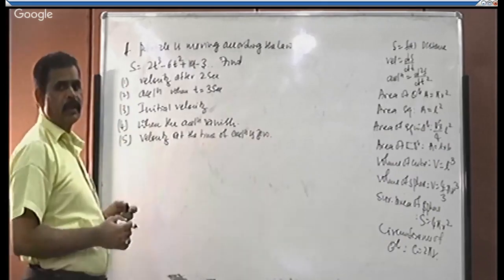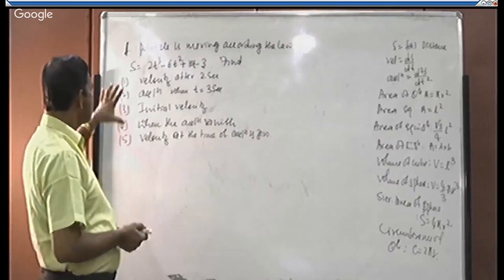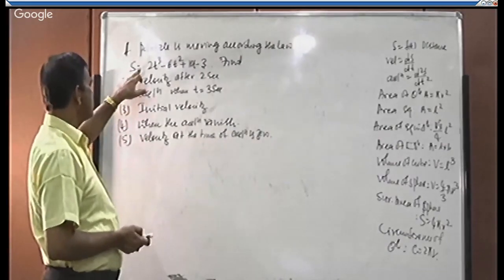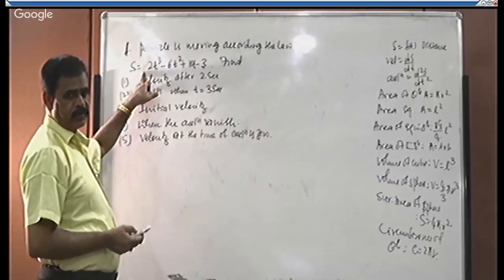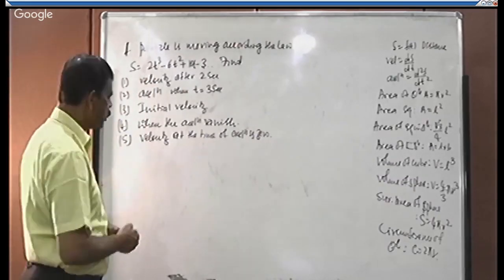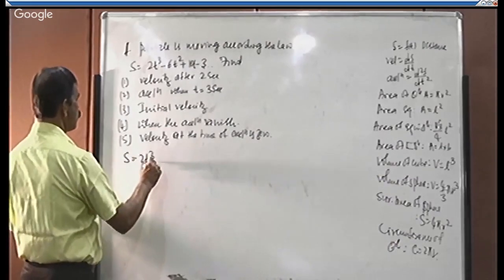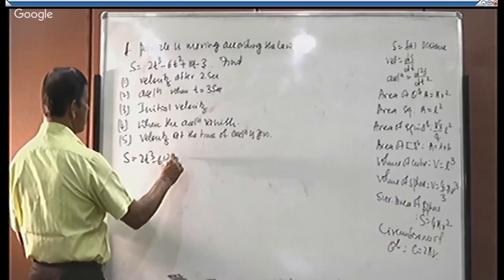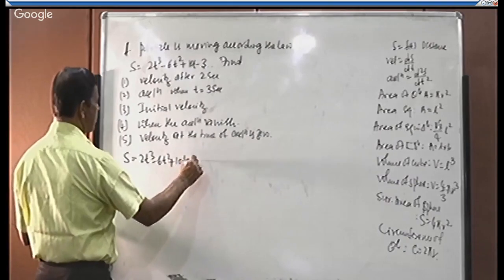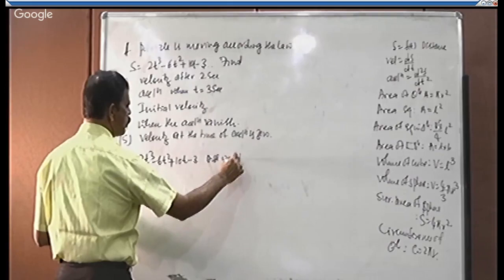So like that, they will ask you different questions. To all these questions, first we need differentiation of S, that is ds by dt. Correct? You take S. What is S? S is equal to 2t cube minus 6t square plus 10t minus 3. Differentiate with respect to t.